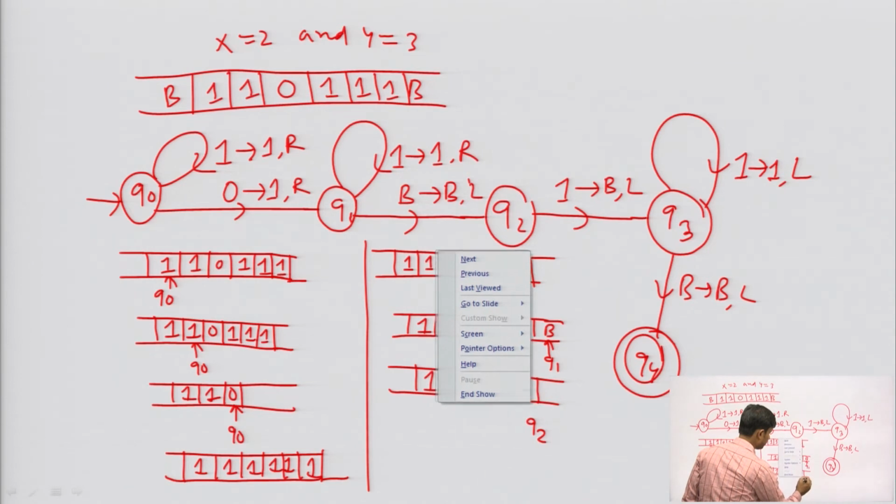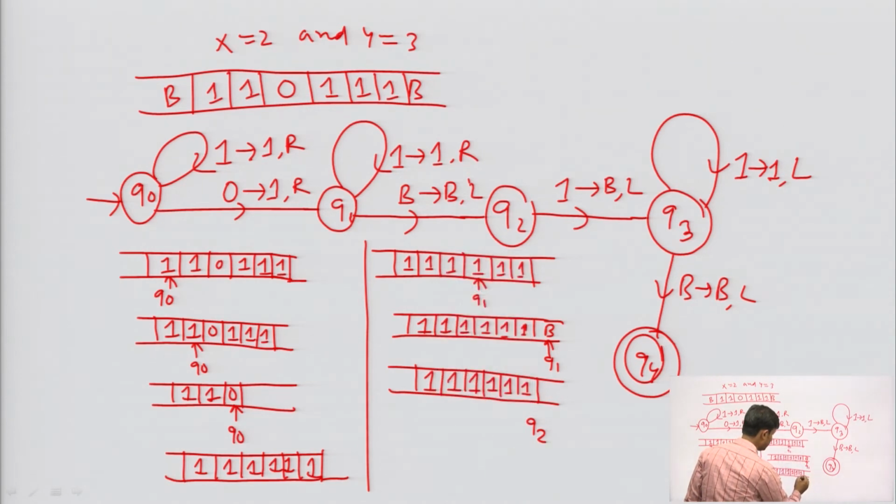Now check Q2: when Q2 reads 1, then the 1 will be replaced by a blank and you go to Q3.